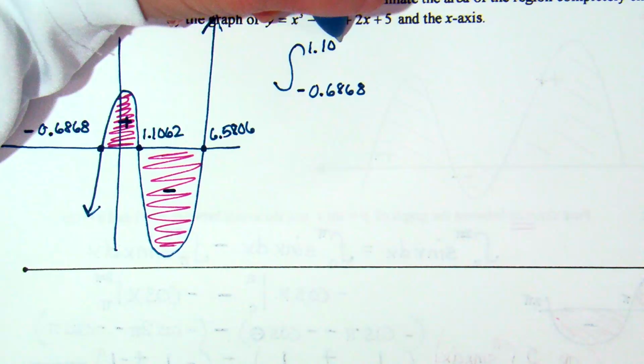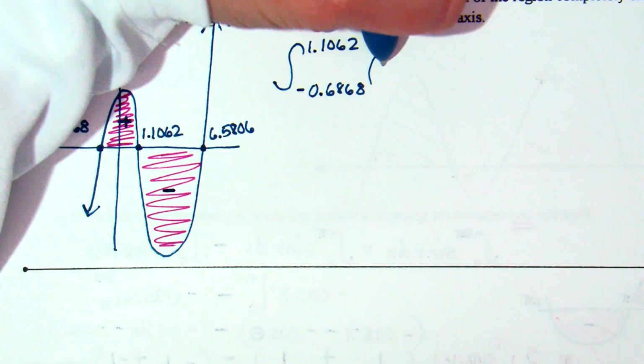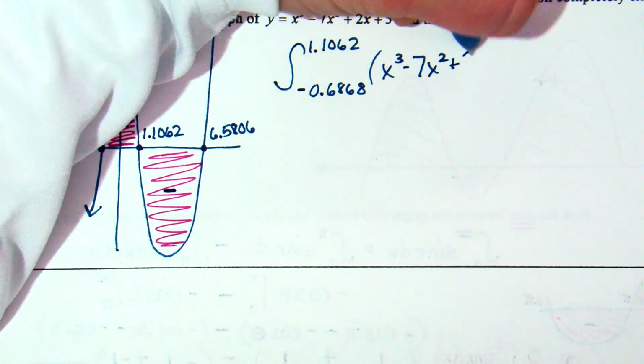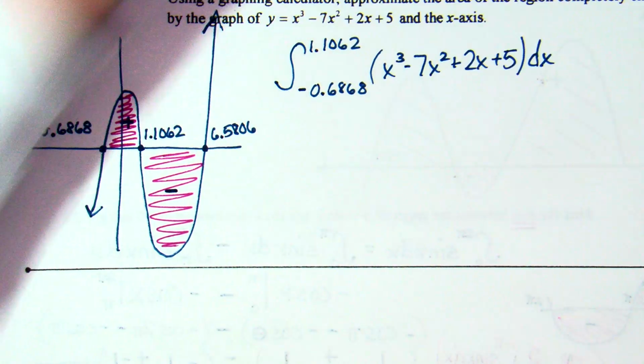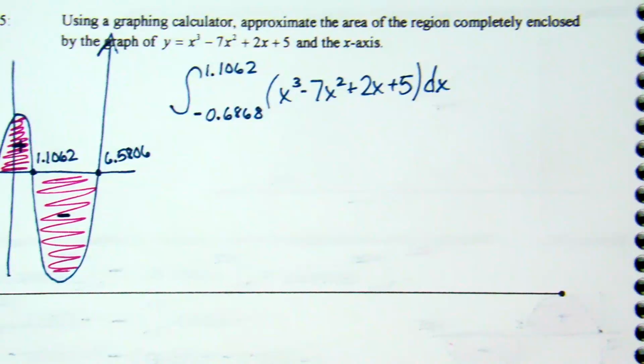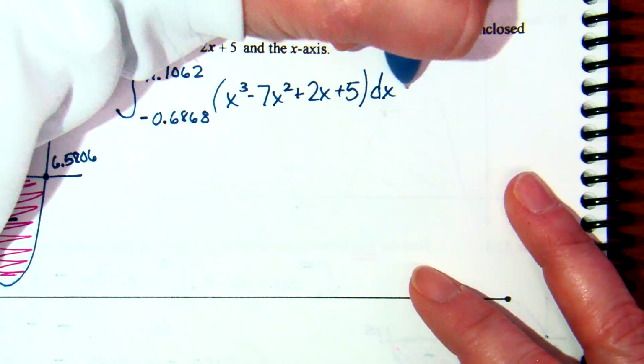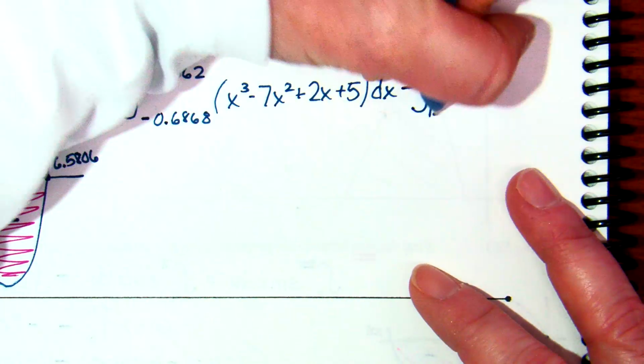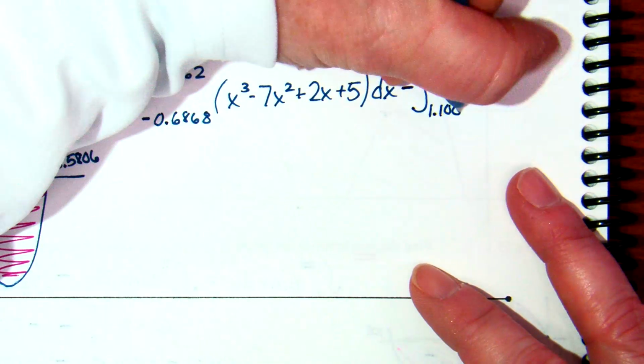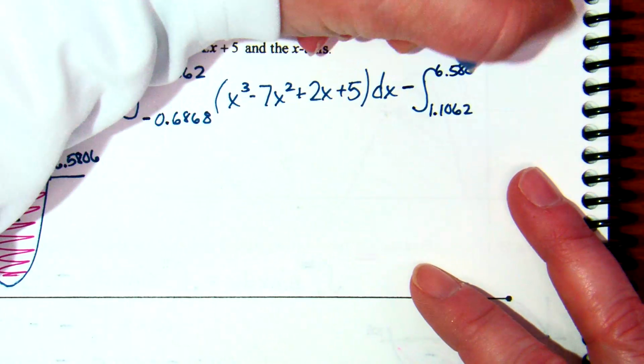And what am I doing with the second interval? Subtracting. And it's from 1.1062 to 6.5806 of x cubed minus 7x squared plus 2x plus 5 dx. What's the good news?